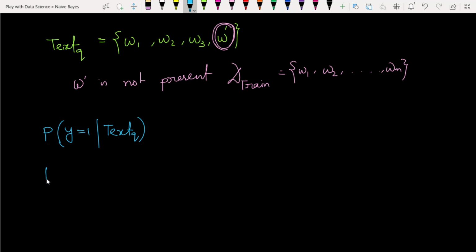We are considering only the binary classification case. After training, when we test this model, for this query point we have to calculate two probabilities: the probability of class label 1 for the given query point and the probability of class label 0 for the given query point.